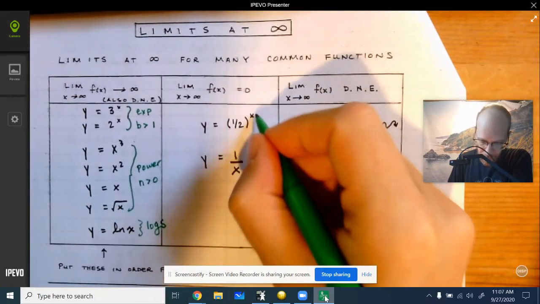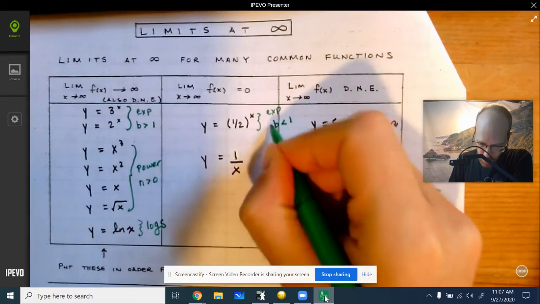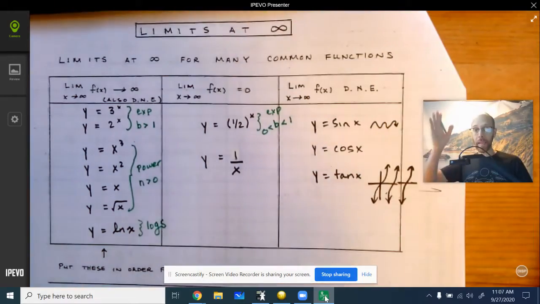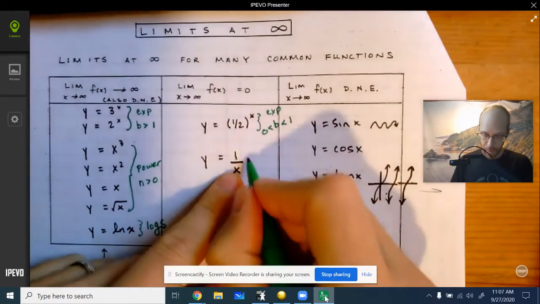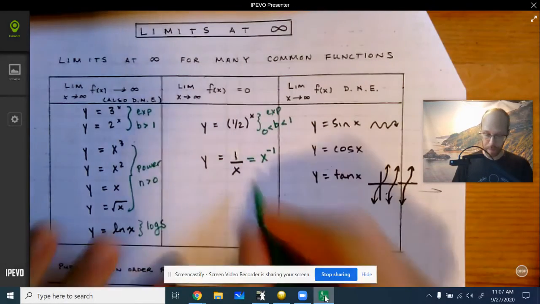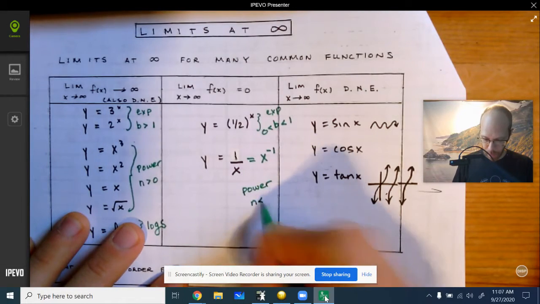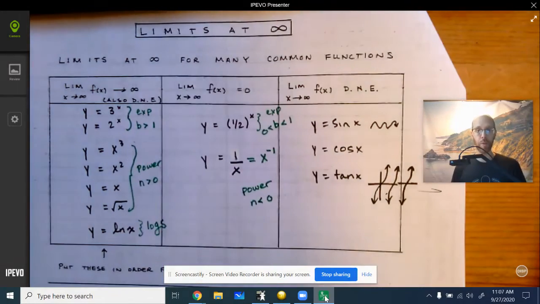Over here, the exponentials with a base that is between 1 and 0, they'll get to 0 quickly. And then this one right here is also a power function, but with a negative exponent. So powers with an exponent less than 0 go to 0.